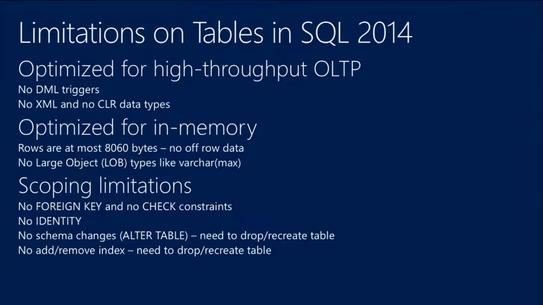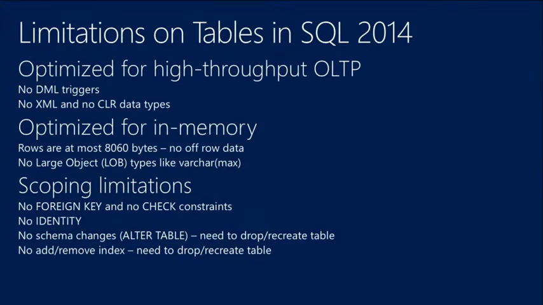And we have limitations on the size of our rows. Rows are not allowed to be more than 8,060 bytes. We don't store any data off row, and we don't have any particular LOB storage, so LOB types like varchar max and varbinary max are not supported. Also, there are certain constraints which as of yet we do not support. Foreign key and check constraints are not supported. Identity is not supported.